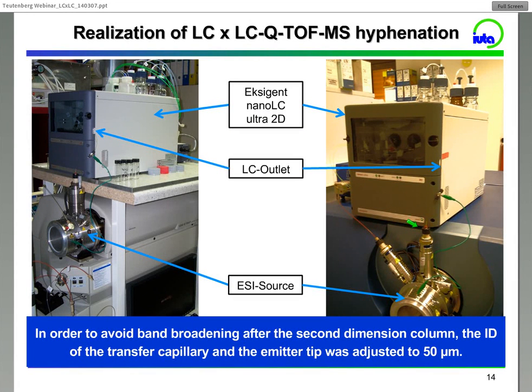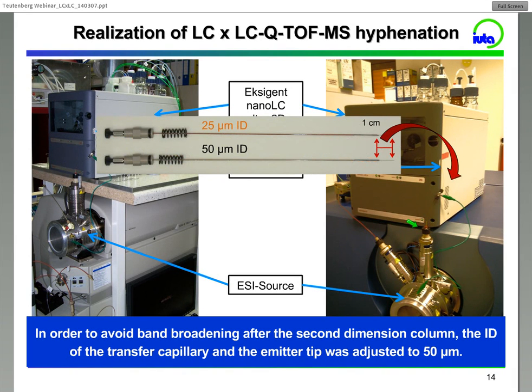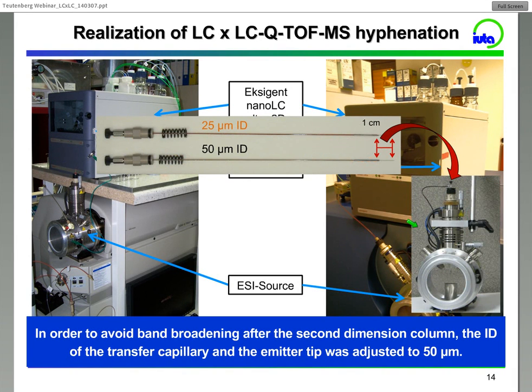So you have to adjust the inner diameter of the transfer capillary and the emitter tip to 50 micrometers. This was possible because, as you can see here, it is easy to exchange these emitter tips and insert them in the normal probe. For some nano applications, you could also use the 25 micrometer ID tips, but for our applications, the 50 micrometer ID tips were just perfect.